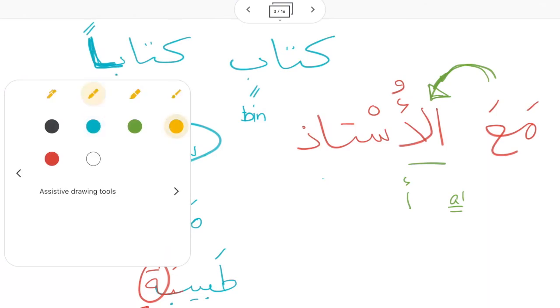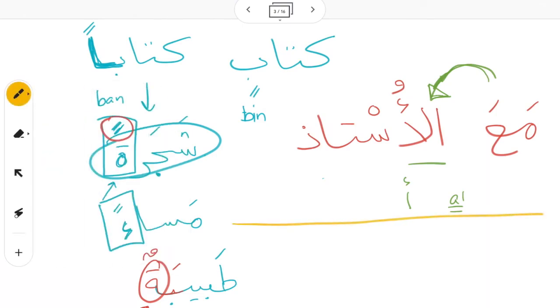I will add one more thing for the sounds. Remember that we did your short vowel sounds, fatha, dhamma, kasra, a, u, and e. You can write it like this. Or some people, if they want to write it like this. Transliteration is a little bit hard, but just a, u, e.